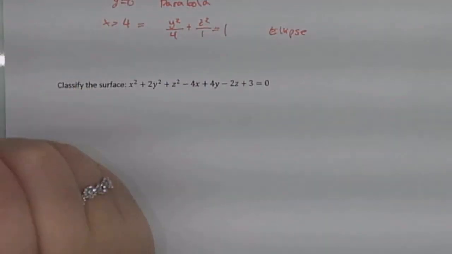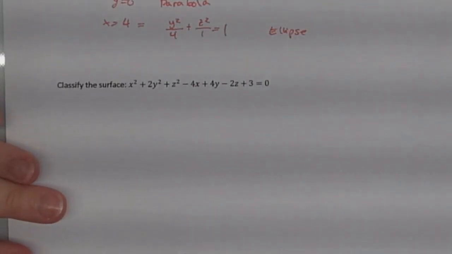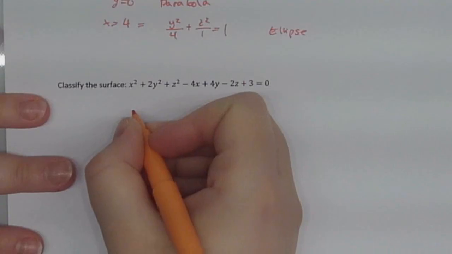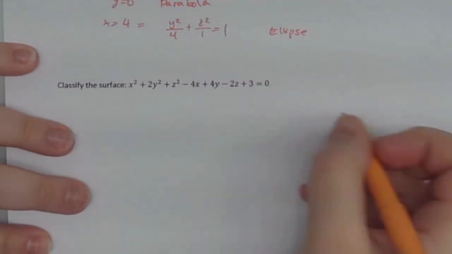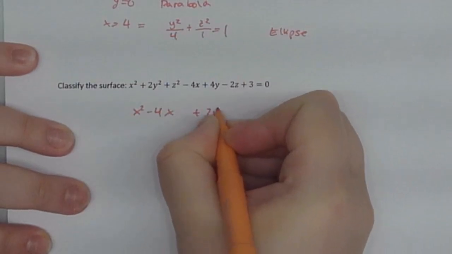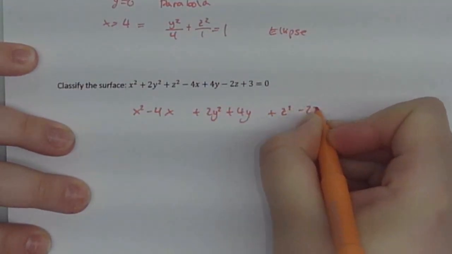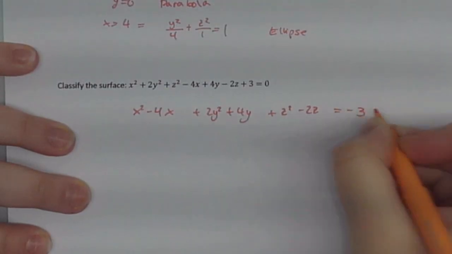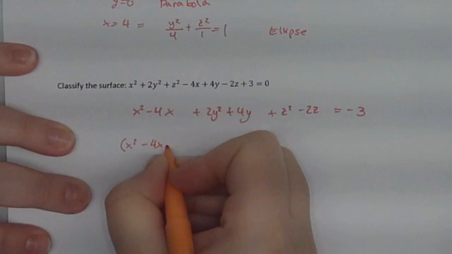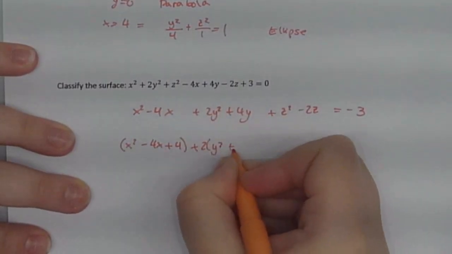Alright, the bottom one is probably the hardest one. What we're going to do is basically complete the square for each of our variables. So first I'm going to rearrange these. Then we're going to complete the square on each one of them, meaning we have to factor out a 2 for the y's.